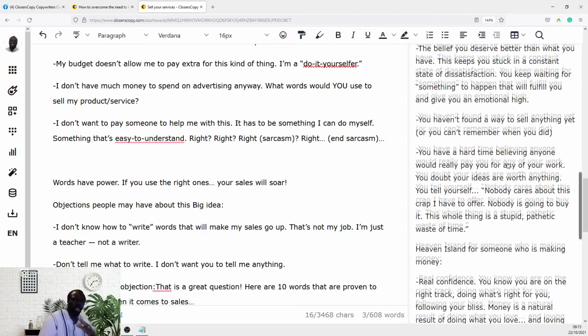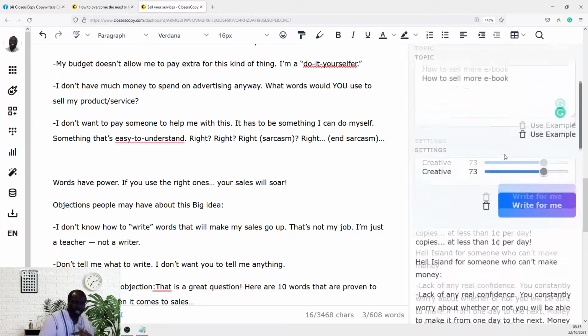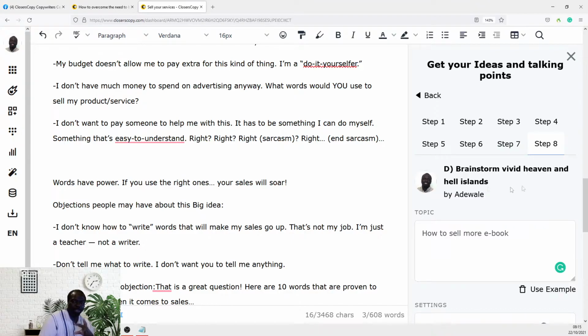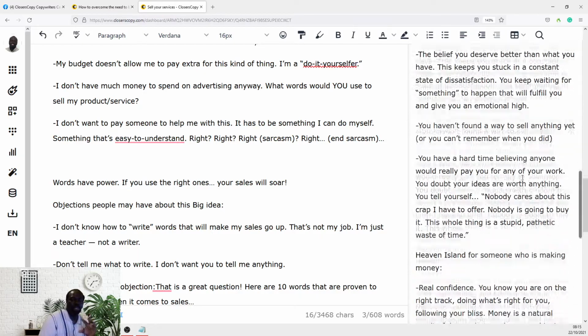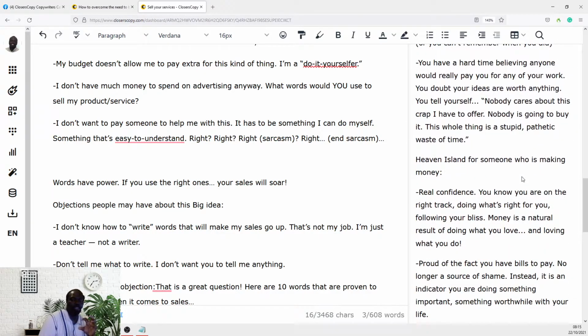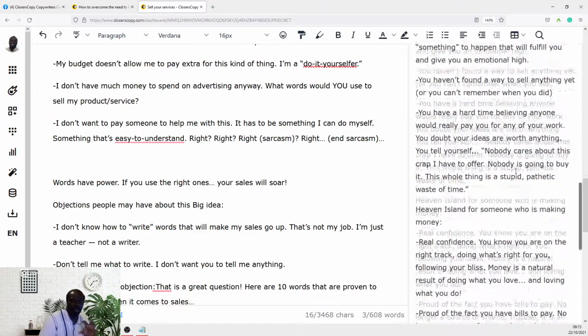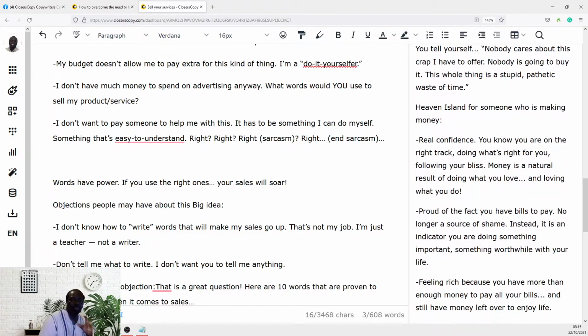So I actually like the vivid brainstorming, the vivid hell and heaven islands, because it's coming from that angle of the pain points and the desires people who want to sell ebooks have.